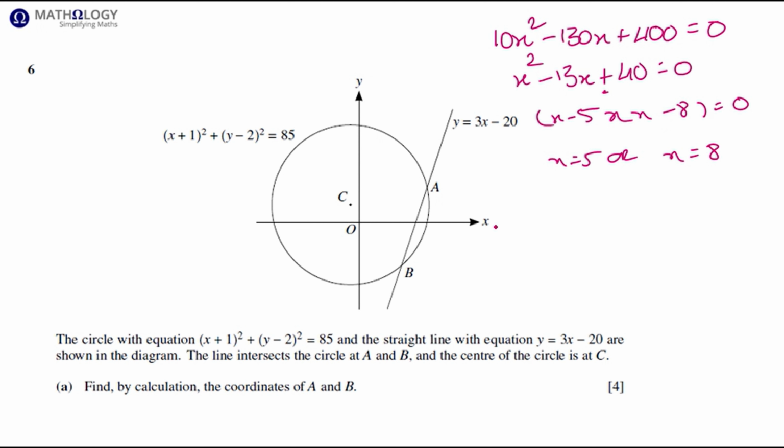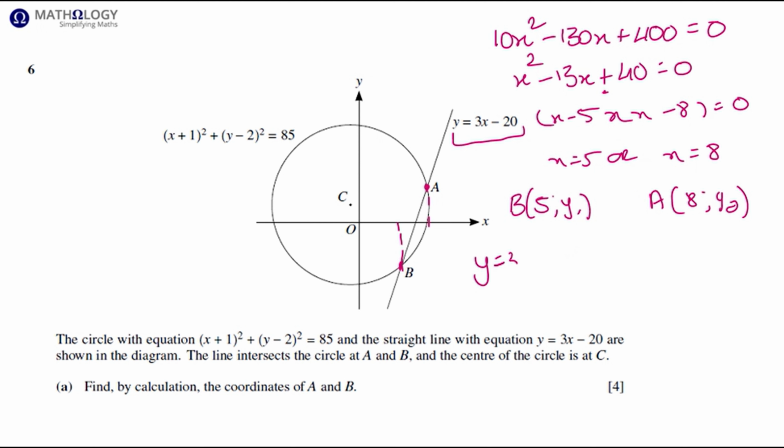Now looking at the diagram, A lies to the right of B. So B's x coordinate will be 5 and A's x coordinate is 8. And then to find the y coordinates of A and B, we're just going to substitute into the simplest equation, which in this case is the straight line.